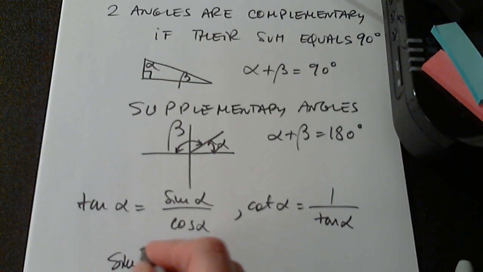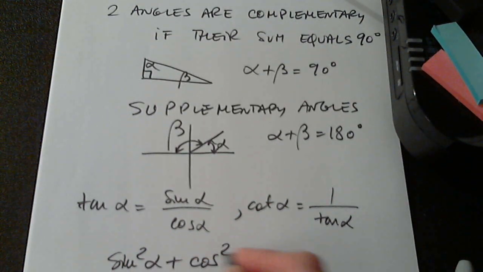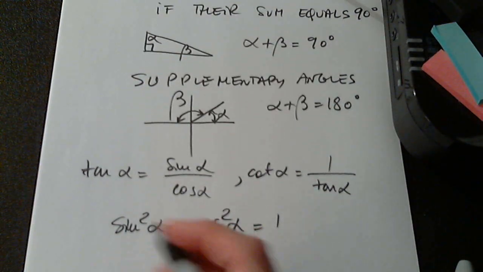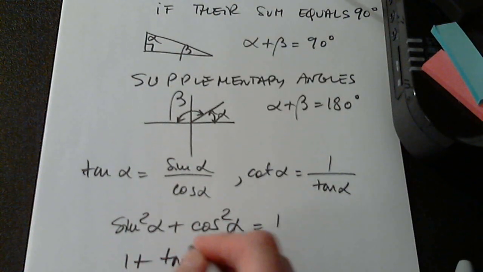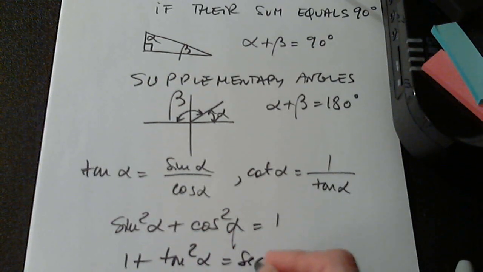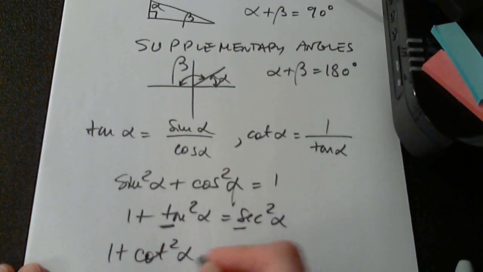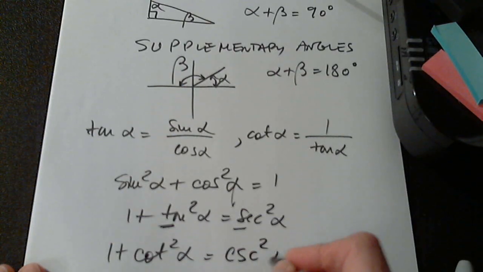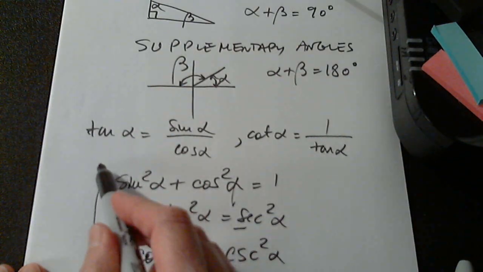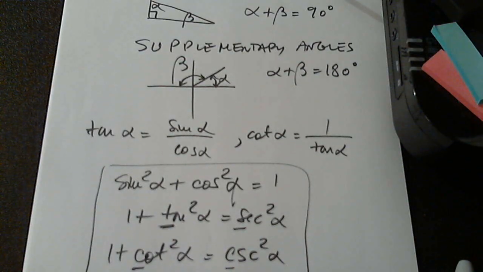We have sine squared alpha plus cosine squared alpha equals 1. And we have 1 plus tangent squared equals secant squared. So notice that tangent is with secant. And 1 plus cotangent squared equals cosecant squared. Cotangent with cosecant. So these are the most important trig identities.